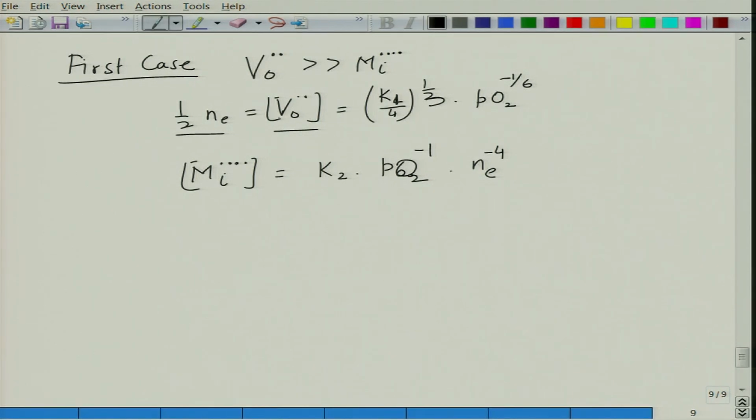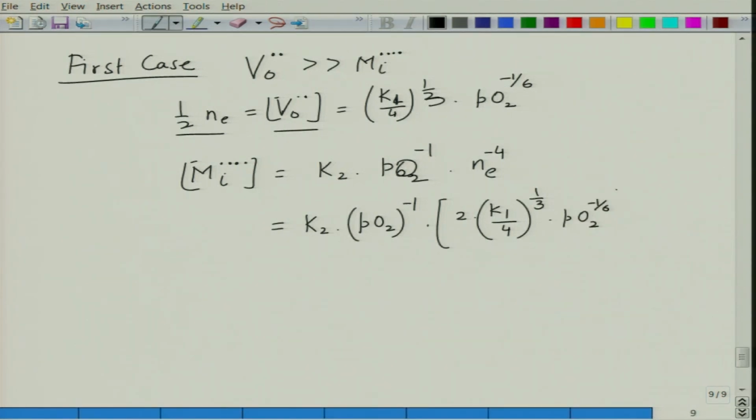Now, you substitute the value of Ne from this expression. So, this will become K2 into Po to the power minus 1 into Ne now is 2 into K1 divided by 4 to the power 1 by 3 into P to the power minus 1 over 6, and this is all equal to minus 4.